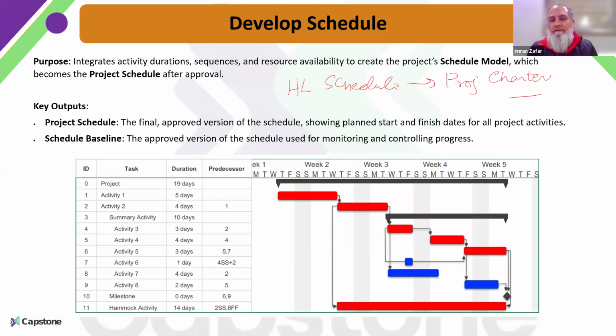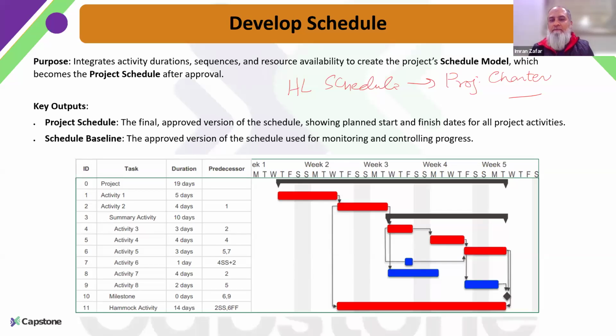That will obviously depend on your requirement. As we discussed, our project is part of a bigger picture. It may be part of a program or a portfolio, and there is some strategic reasoning behind every project or initiative. So there may be some time frame bound to that particular project, that the organization assumes we need to complete within this time frame, and then that high level schedule trickles down through your business case to your project charter.